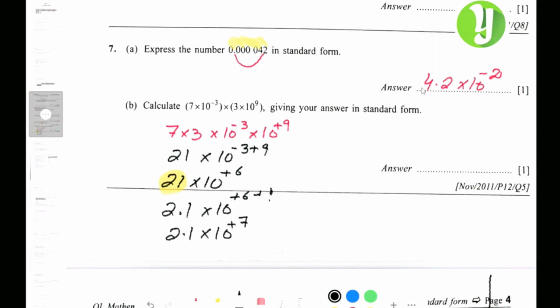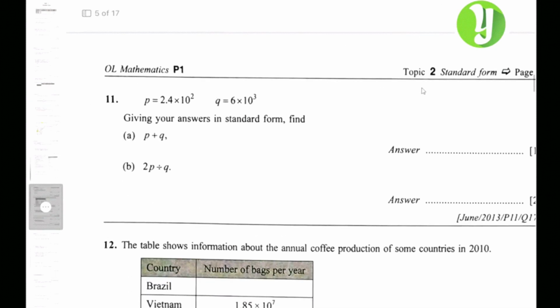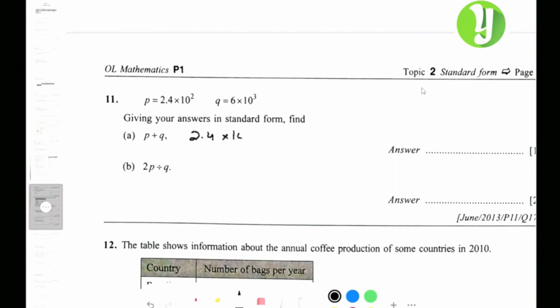Okay, so it's done. Now we have to move on to a few more questions. Now see, question number 11. Question number 11, P is given, Q is given, and we have to perform first addition. So for addition, just substitute the values first. So 2.4 times by a 10 power of 2 plus 6 by a 10 power of 3.